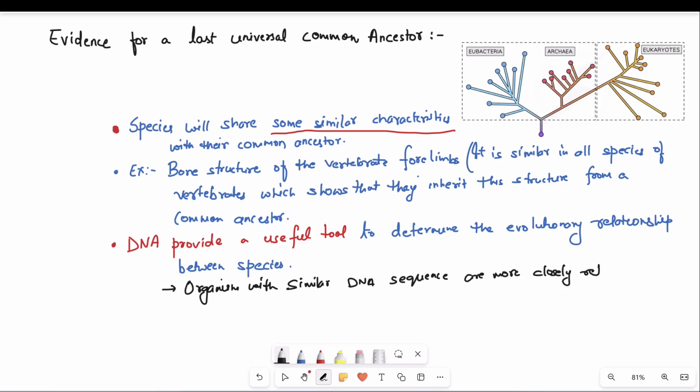This is the information. And those with very different DNA sequences are more distantly related.